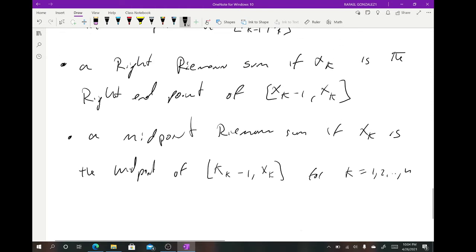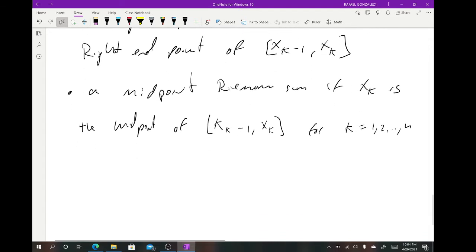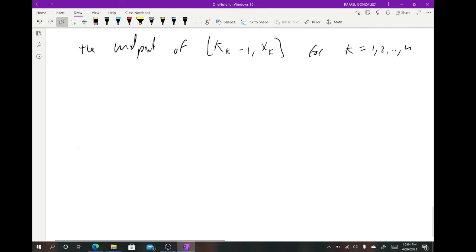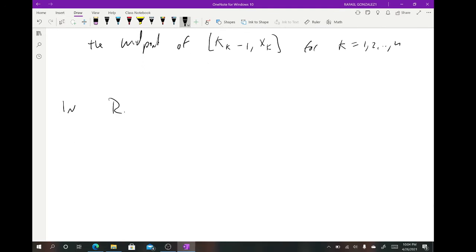So that is the definition of a Riemann sum. Now we're going to be working with Riemann sums throughout, but in sigma notation, I just want to show you how you write this in sigma notation.